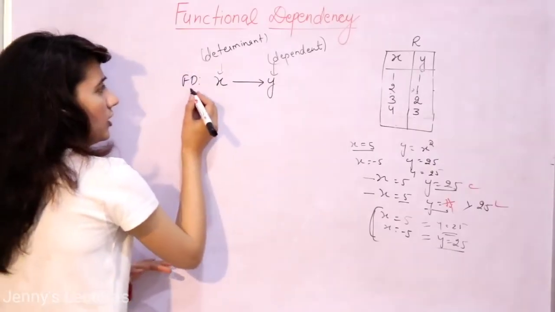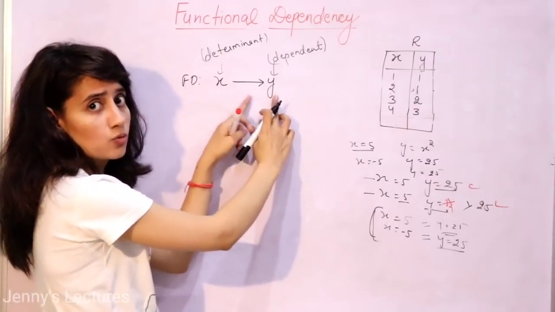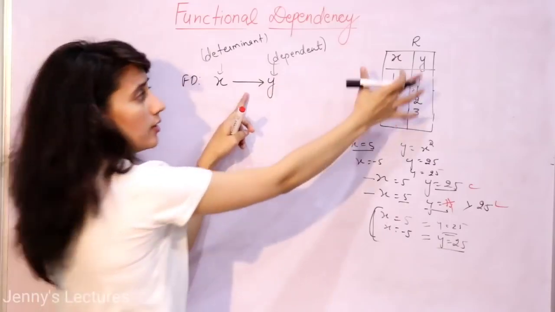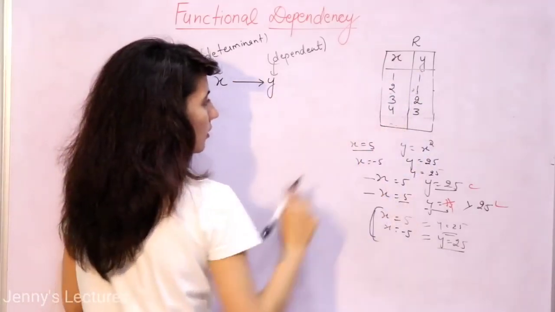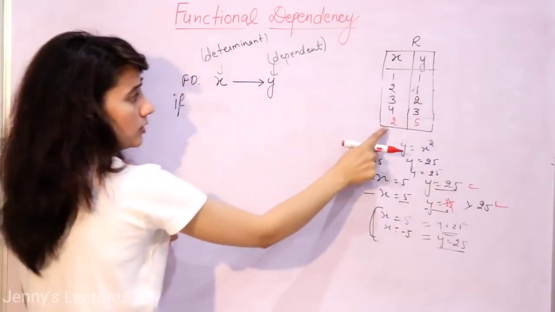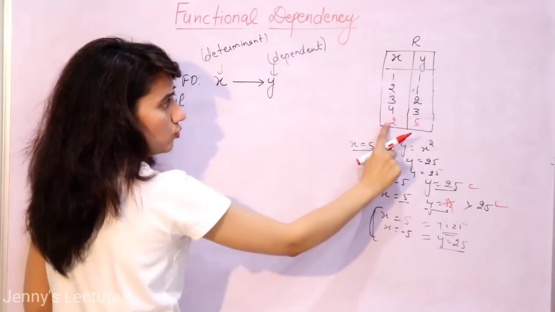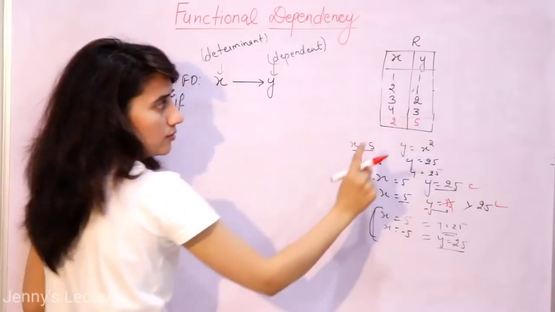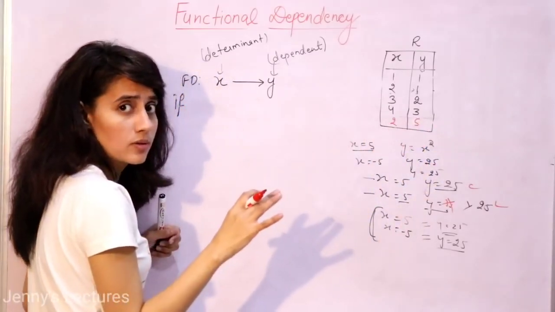Now formally, how to write down the definition of this functional dependency. See, functional dependency x to y means x determines y. This is true on a relation if, see, I am taking the case, here I have 2 and here I have 5. Now see, here x determines y is not true, because the x value is 2 but the y value is here 1, here 5. If here I can write 1, then this would be a functional dependency, right?